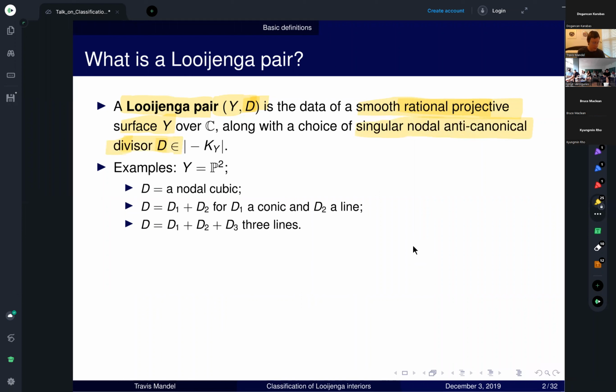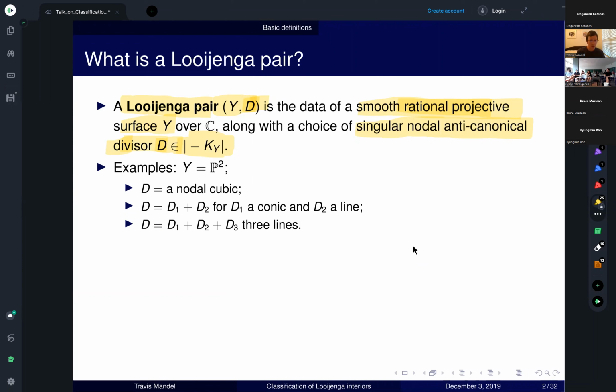Anti-canonical meaning that it is in the class of negative K_Y. K_Y is the canonical class, so negative K_Y is the dual, and D is an effective curve in that linear system. We actually require that it has a node, but it doesn't have any singularities besides nodes.